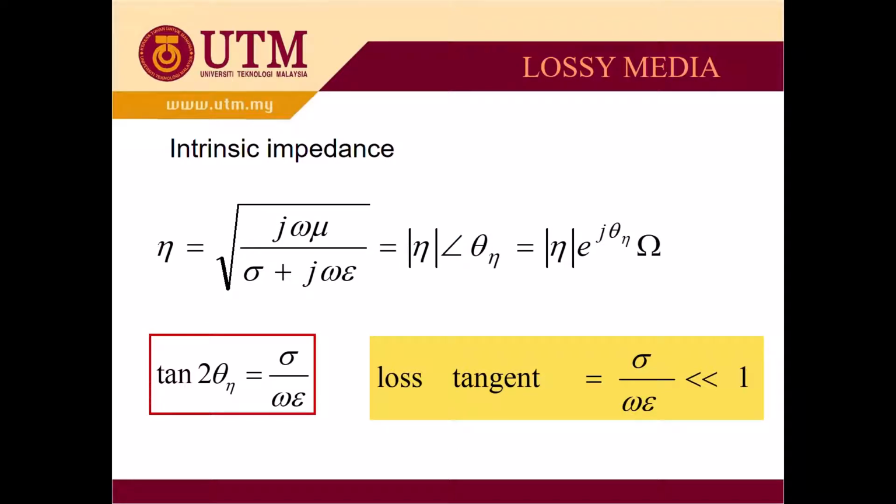The intrinsic impedance N is equal to the square root of j omega mu divided by sigma plus j omega epsilon. Because sigma has a certain value, we basically have theta n. How to determine theta n is basically the ratio between omega epsilon and sigma, something like that.